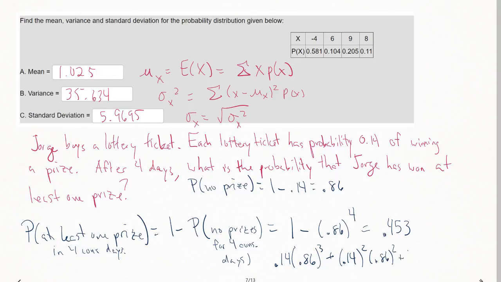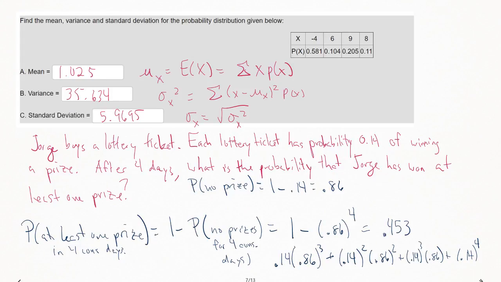Exactly 3 prizes would be 0.14 cubed times 0.86. And then last but not least would be 0.14 to the fourth. If you add up all those, you should get right around 0.453.